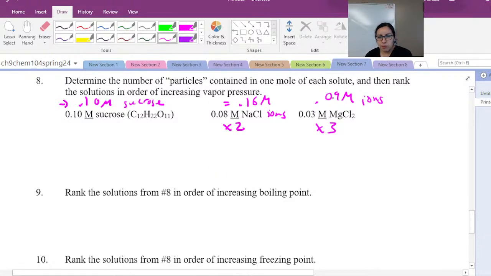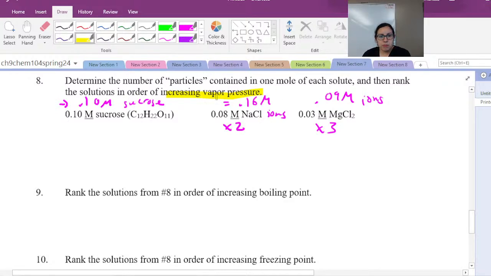Now that we have them ranked, you just flip their orders back and forth, since we go by their effective molarity. So who has the highest vapor pressure? Sorry, which one?